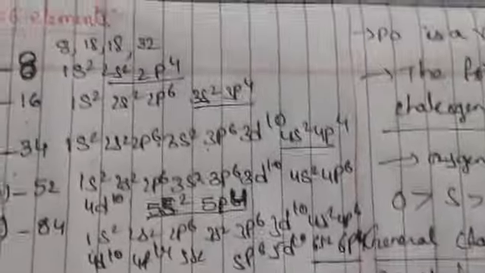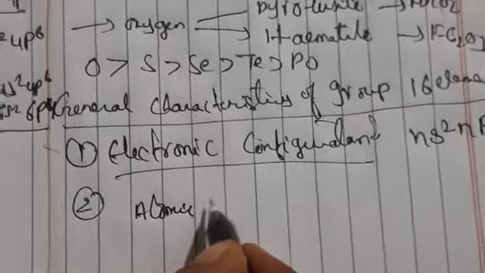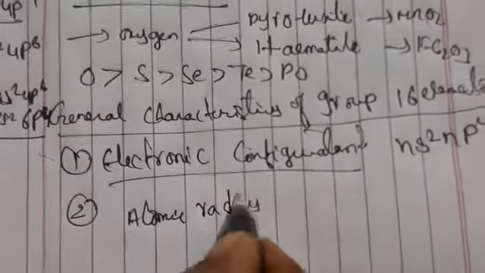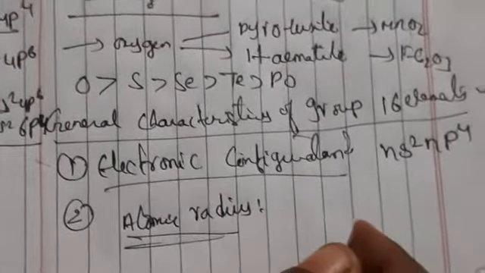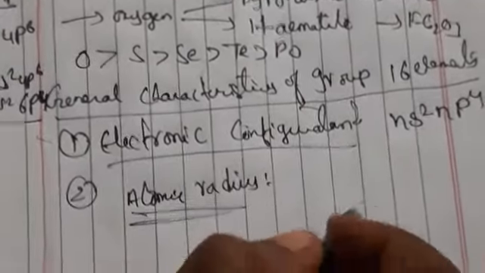So this is about the electronic configuration of the group 16 elements, and the general electronic configuration we are having is ns2 np4. The next property we are having is atomic radius. Coming to atomic and ionic radius, what happens here?